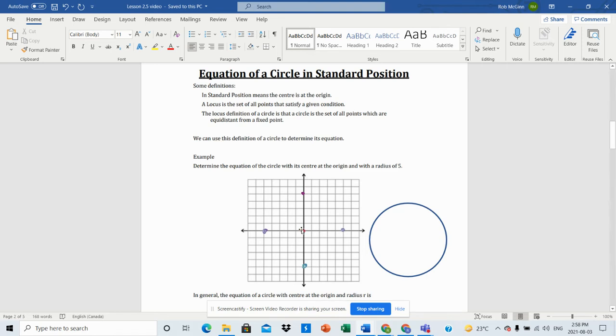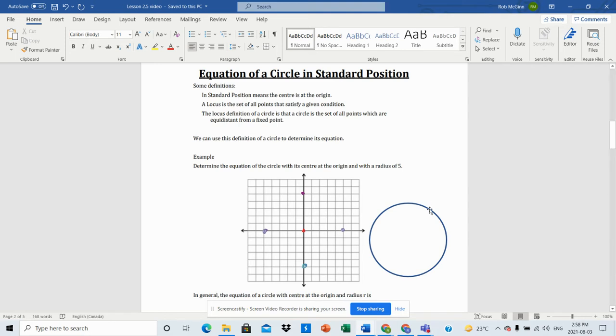So on our graph, we can plot 4 points: 5, 0; 0, 5; -5, 0; and 0, -5. We know that the circle will pass through those points because its radius is 5 units.